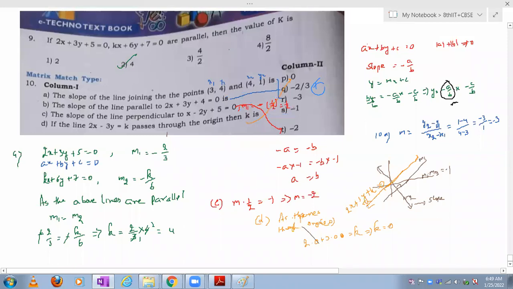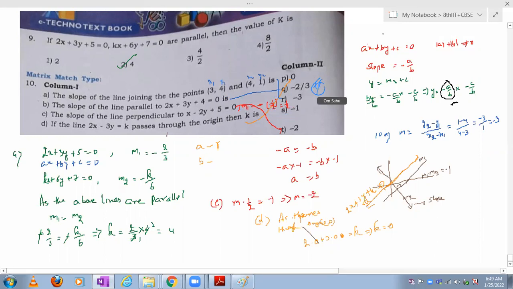Okay, now see. First one, A is which option? A is minus 3, sir, A is R. Okay, now please erase this. B is which one? Sir, this one.